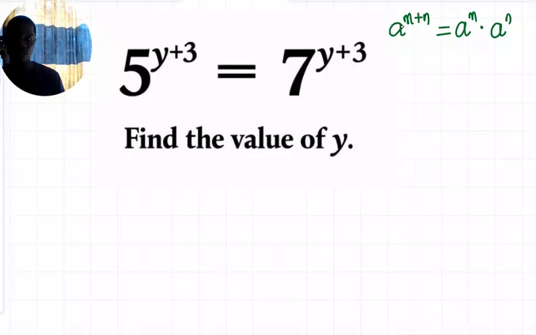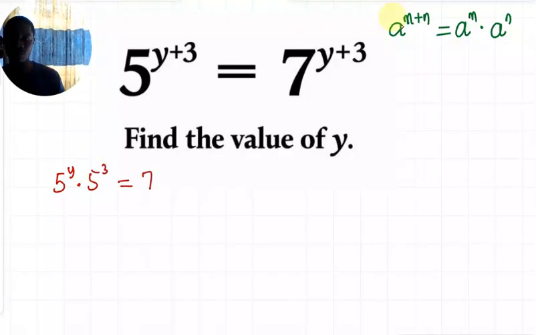So we want to transform this into this. So the exponential equation becomes 5 raised to y times 5 raised to 3 equals 7 raised to y times 7 raised to 3.